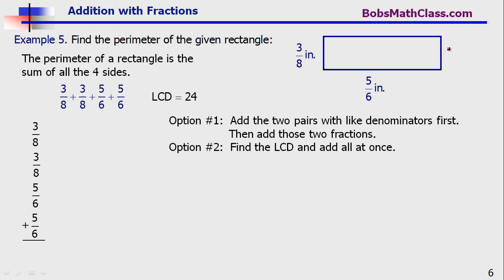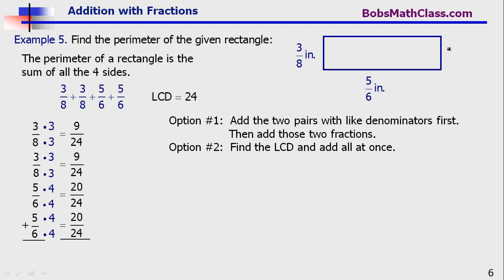So, I guess I did that too fast. Multiply the 8 by 3, and so the numerator by 3, and the 6 times 4, and the top number by 4. And now we can add up all the numerators.